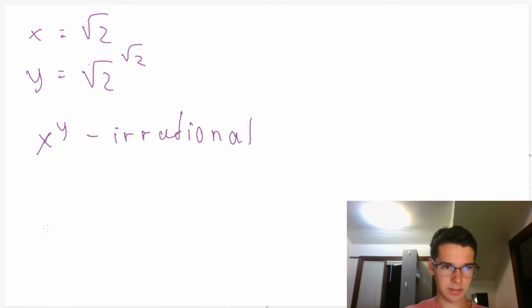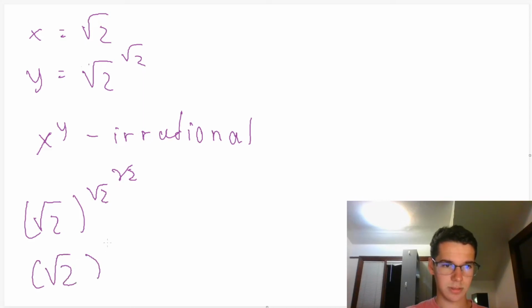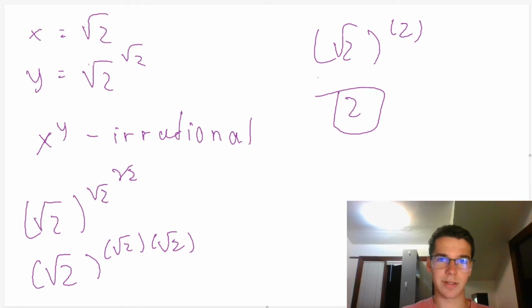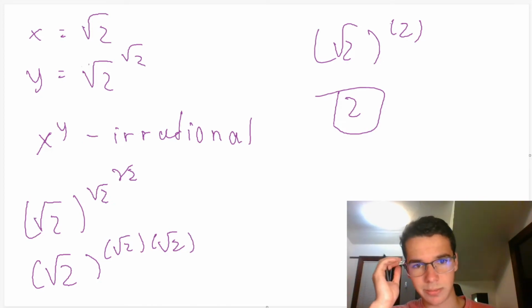So we have root 2 to the root 2 to the root 2, which is root 2 to the root 2 times root 2, which is root 2 to the 2, which is 2, is quite obviously not irrational. It is rational. So by assuming that this case is true, we were able to prove that x to the y, where x and y are irrational numbers, does in fact yield a rational number.